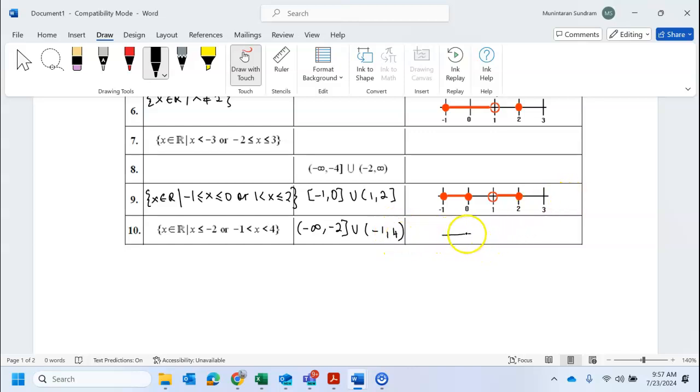Draw the number line. The values are -2, -1 and 4. -2 and lesser, so -2 non-inclusive, so it should be an empty bubble.